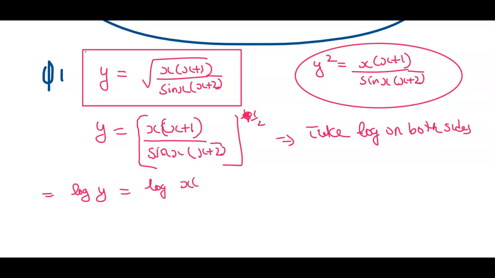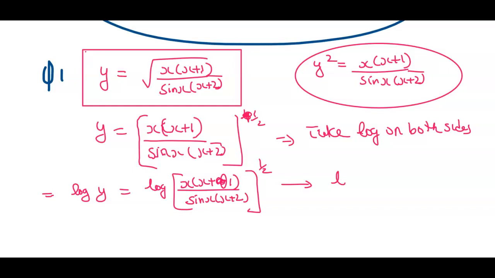log x into x plus 1, sin x plus 2, whole to the power half. Auto shapes are on, that's why sometimes it creates problems.